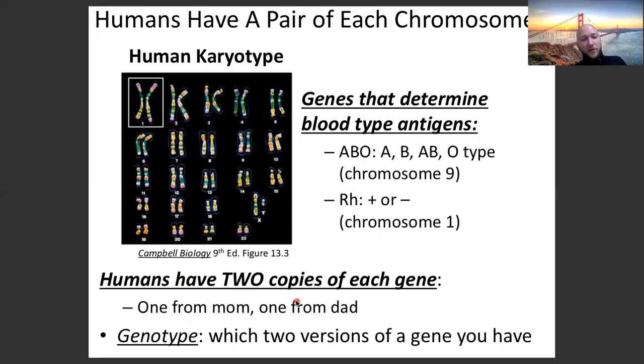Humans have 2 copies of each gene, one from mom, one from dad. Which version of a gene do you have? Genotype is what your DNA says, the versions of these genes. Phenotype is what antigens we see, the results of the genotype.